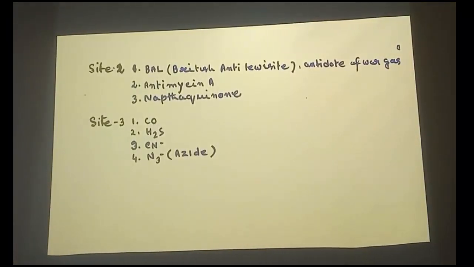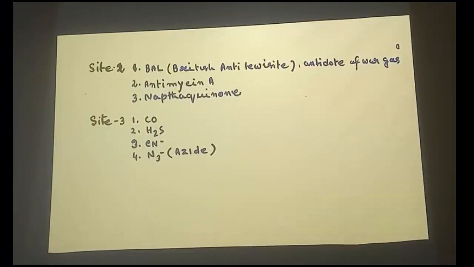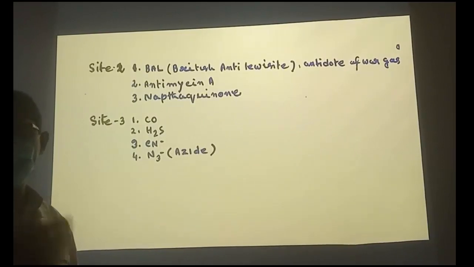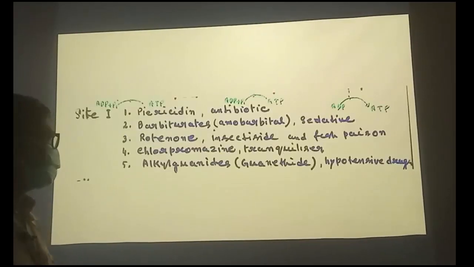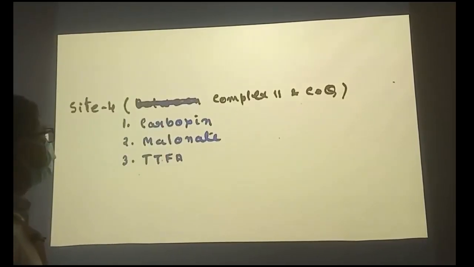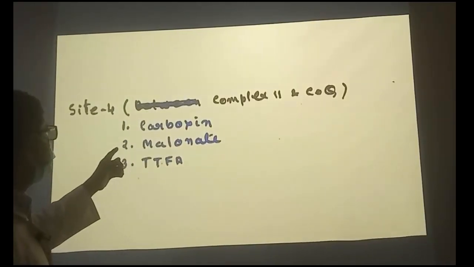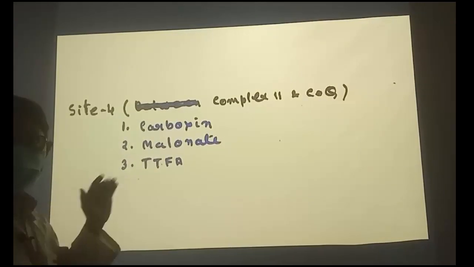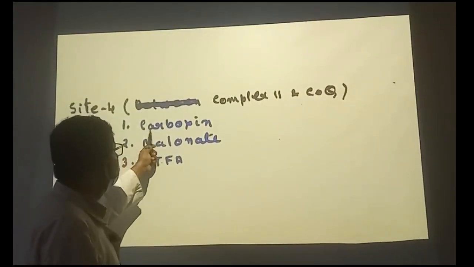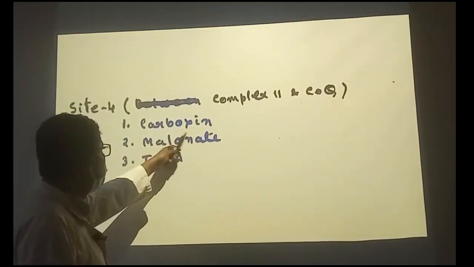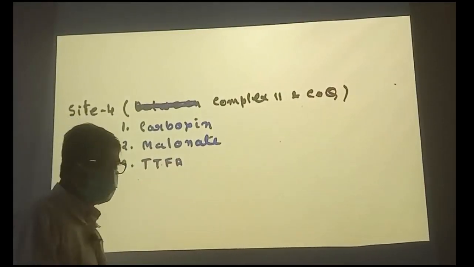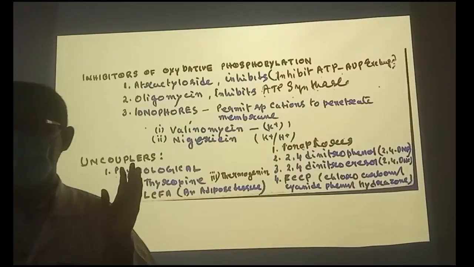They are inhibitors of that particular complex 3 to final electron acceptor. Site 4, which is related to complex 2 to coenzyme Q, is inhibited by carboxin, malonate and TTFA. So these are the chemicals which can block those sites.